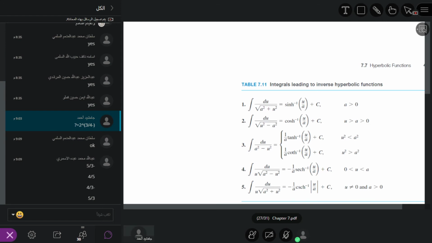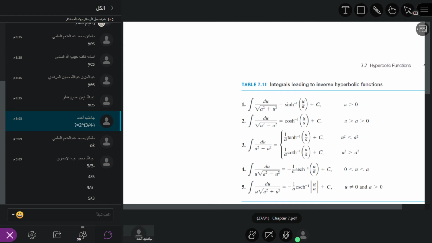Similarly, we can find the values if cos hyperbolic x is equal to 13 divided by 5. But here we just have to take the positive value.